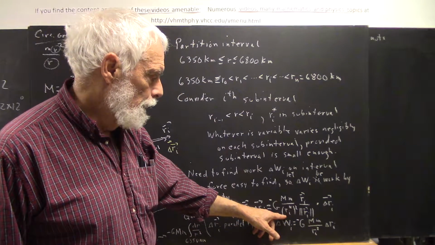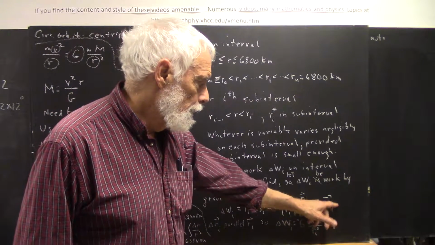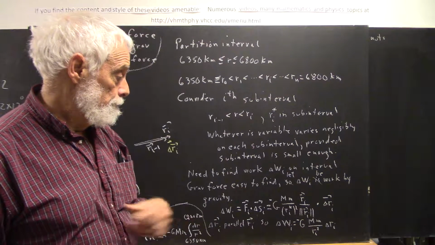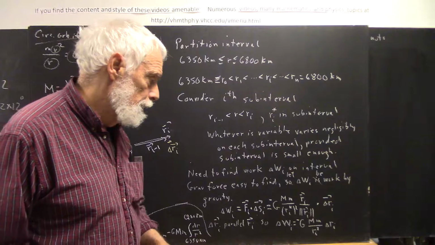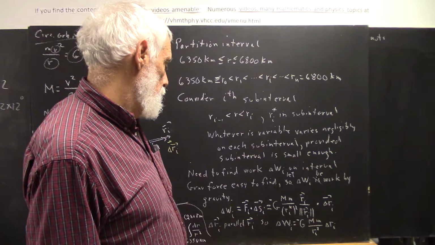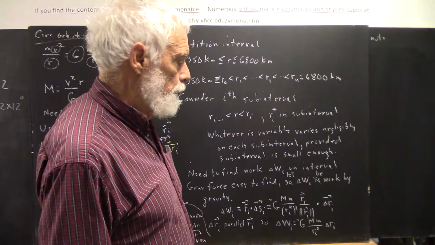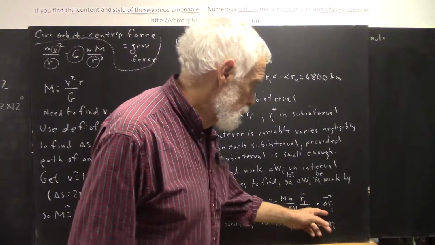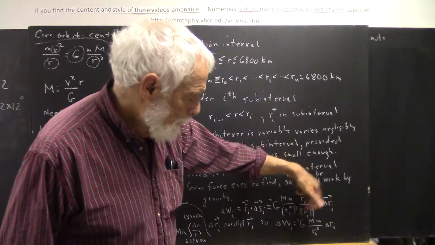And here's the magnitude of r sub i, which is squared, and here's everything else. And we dot that with our delta r sub i. Now, delta r sub i being parallel to itself, what we get is, yeah, okay, it is what I wrote down. A word that I'd forgotten, the product of this with the unit vector, but I've got it.